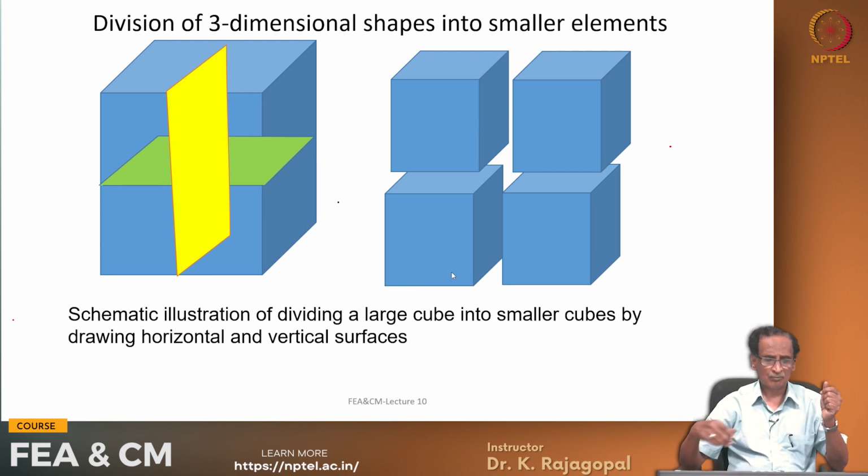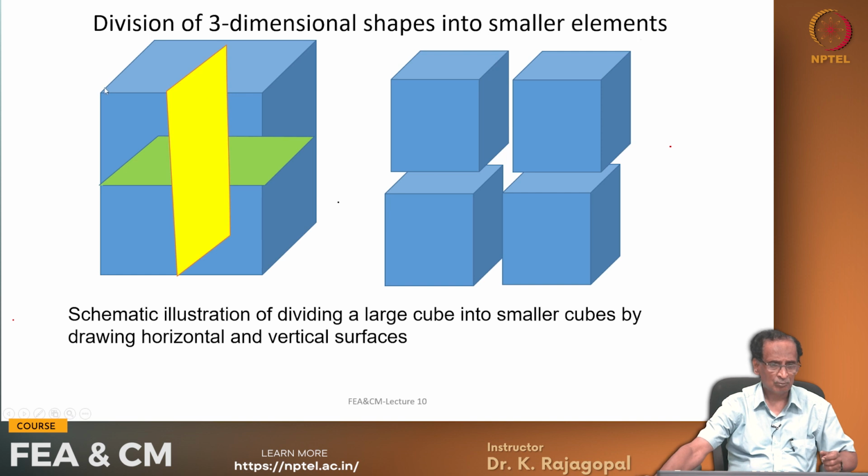Then if we have a 3-dimensional shape, we draw the surfaces. Let's say you consider a large cube like this. We have drawn 2 surfaces, one is a yellow surface and then the other is a green surface, and then we divide this into 4 cubes, like 1, 2, 3, 4. Okay.